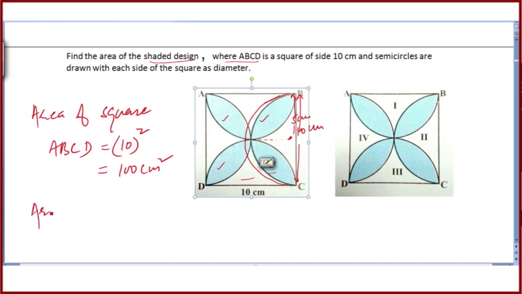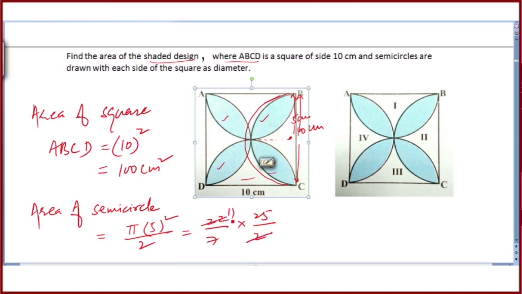So, area of semicircle is equal to pi r square by 2, which is 5 square by 2, right. So, it is equal to 22 by 7 into 25 by 2, which is 11. So, this will give me 275 by 7 and the unit is centimeter square, right.